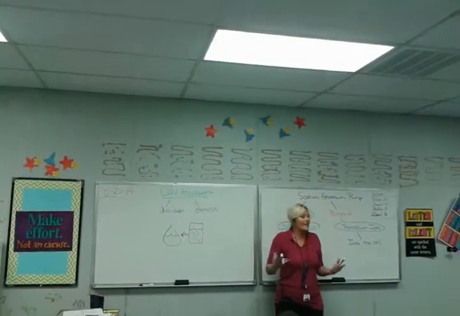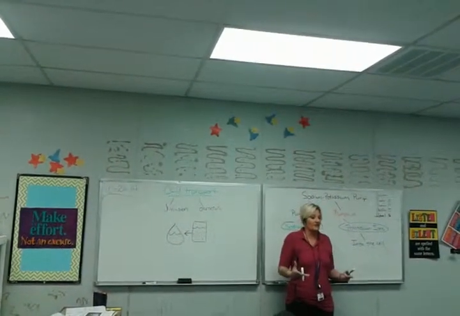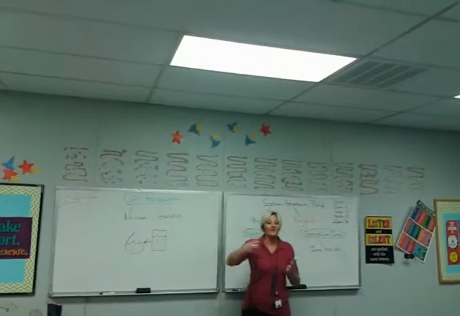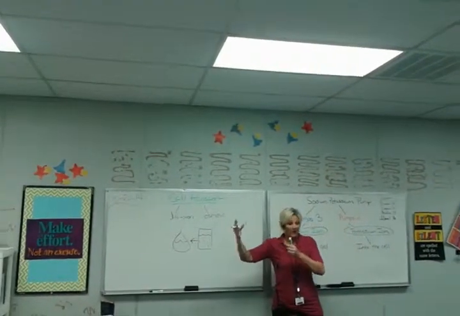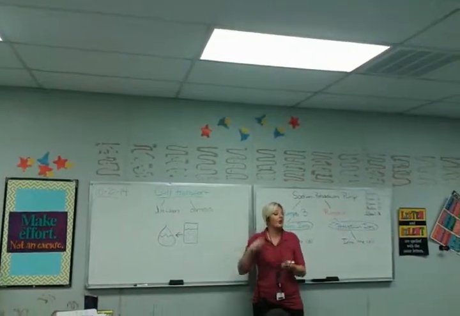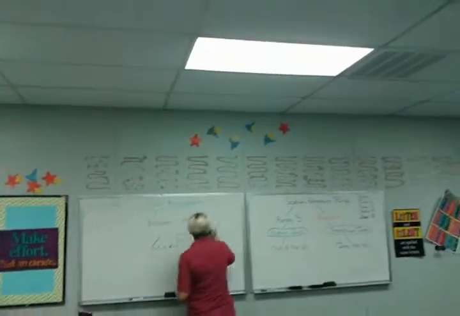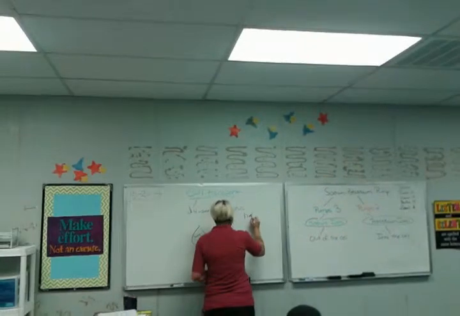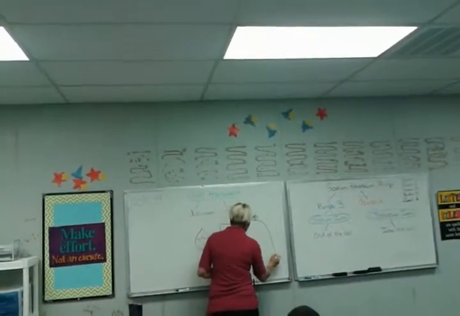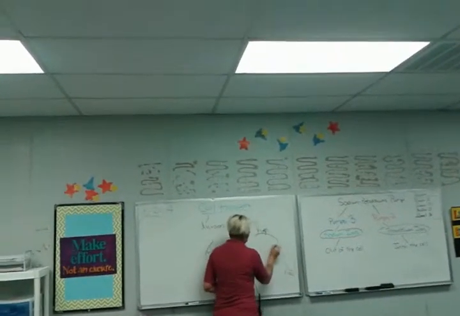It's the same thing with diffusion and osmosis. It wants to go where there are hardly any other molecules. It's called going down the concentration gradient, from a high to a low, like a slide, and that's what diffusion is.